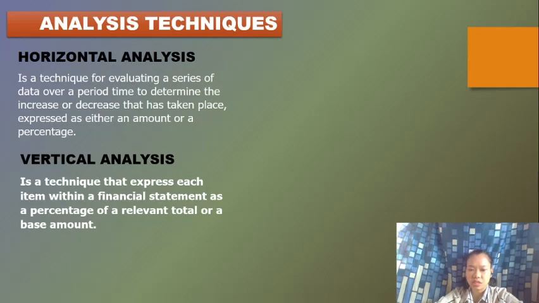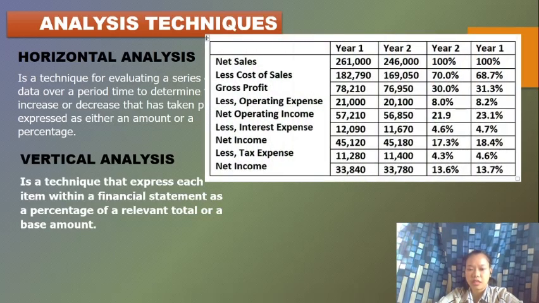As you can see in the table, the 100% is the net sales. Okay? It is the base. When we say base, that's what we divide all the components by.